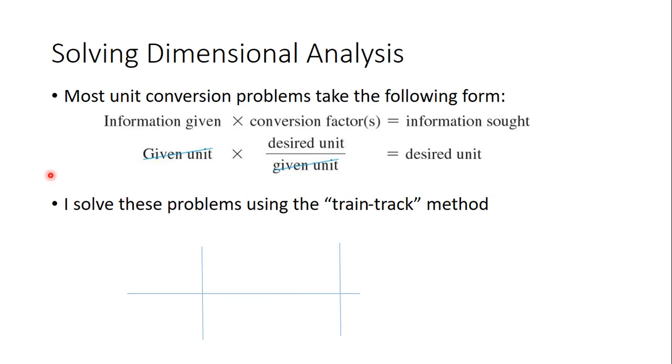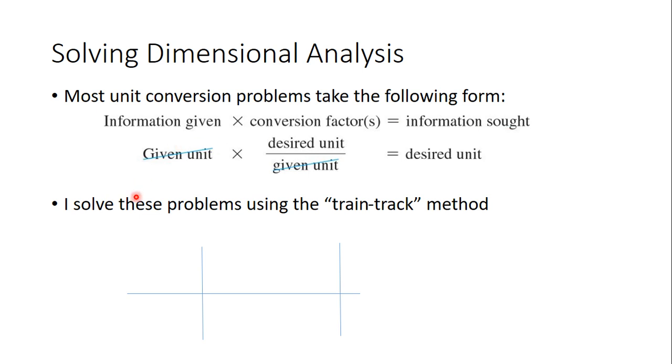Now, how do we solve dimensional analysis problems? Well, really, we have a standard procedure where you'll get some information given in the problem, and you'll either be given a conversion factor or you're expected to know a conversion factor. You multiply these two together, and you'll get whatever information is needed for the problem.